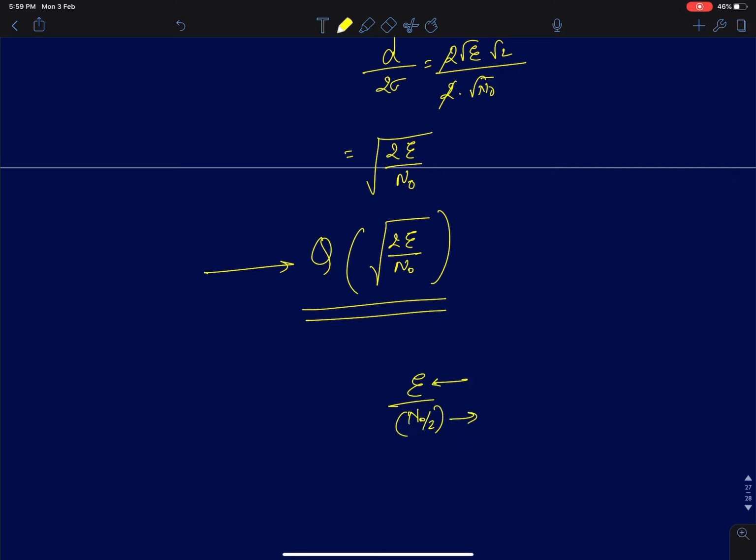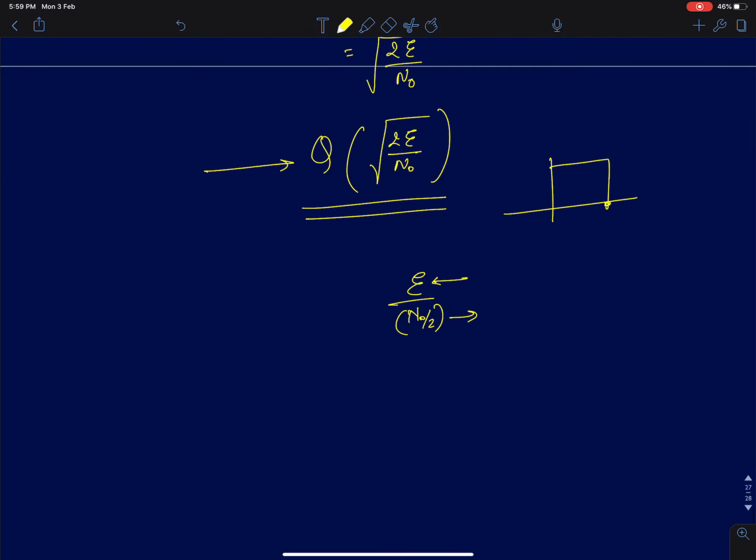So this value E by N naught by 2, this is your noise power, this is your, you can treat it as signal power. If I ask you to find the signal power, the power for this is 0, of course, because it's just existing for T seconds. So the relationship between power and energy: if you divide energy by T, you get power.